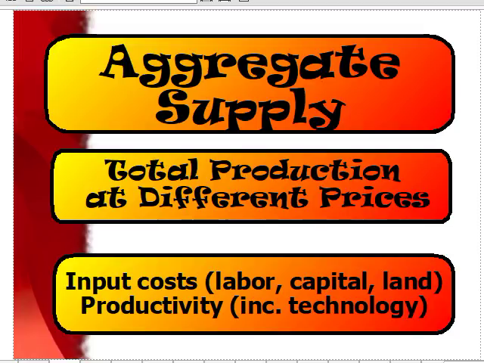So where an individual supply curve is the production of lemons at different prices, aggregate supply represents the production of everything at different prices. So just like regular supply, it's going to be affected by the cost of inputs, land, labor, capital, taxes on businesses, that kind of thing. And it's going to be affected by how productive they are, which means things like technology are going to have an effect on this aggregate supply curve.